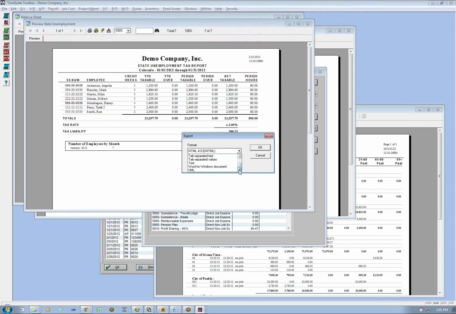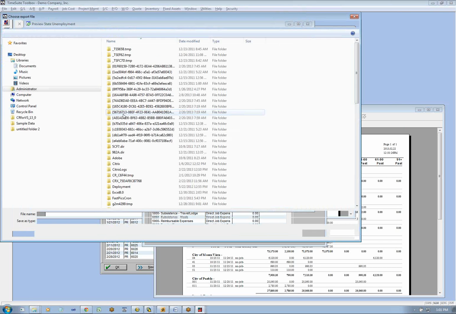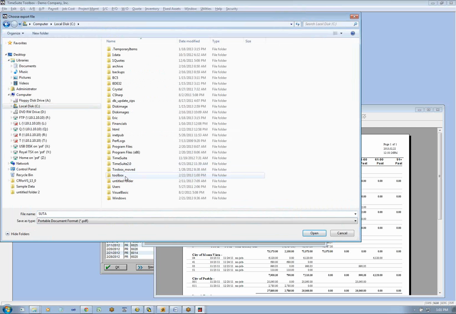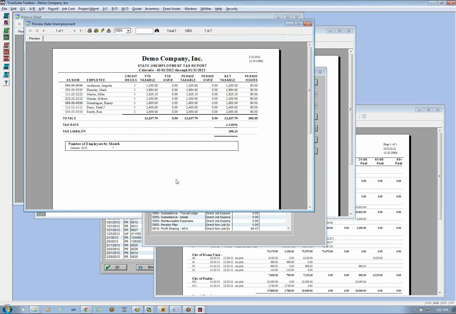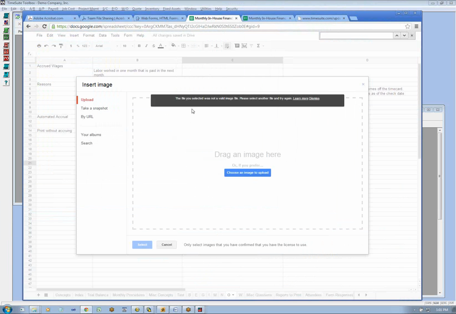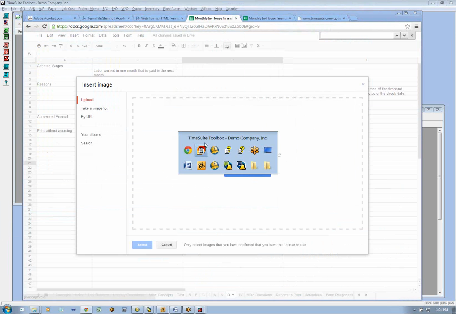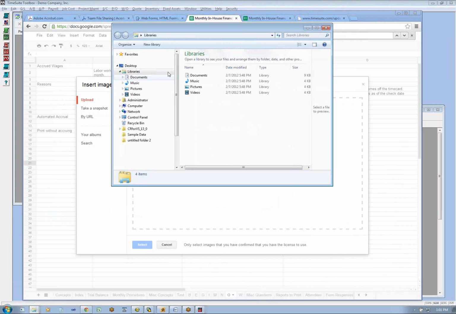Let's see. It said it was not a valid image, so we'll dismiss it. Let's see if we can convert it to an image.